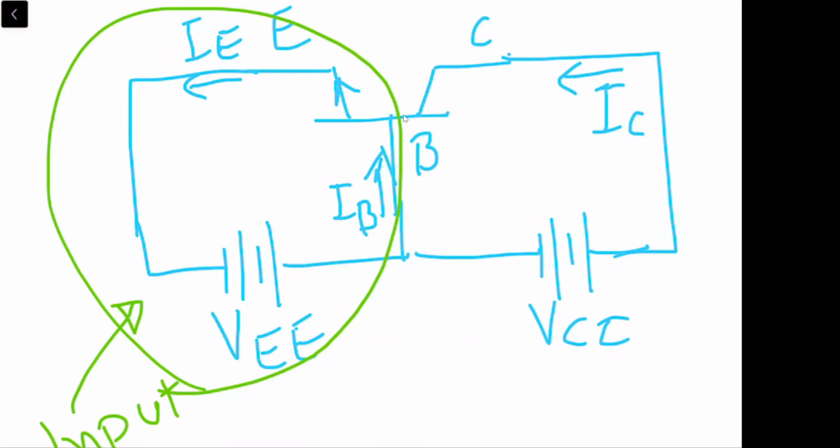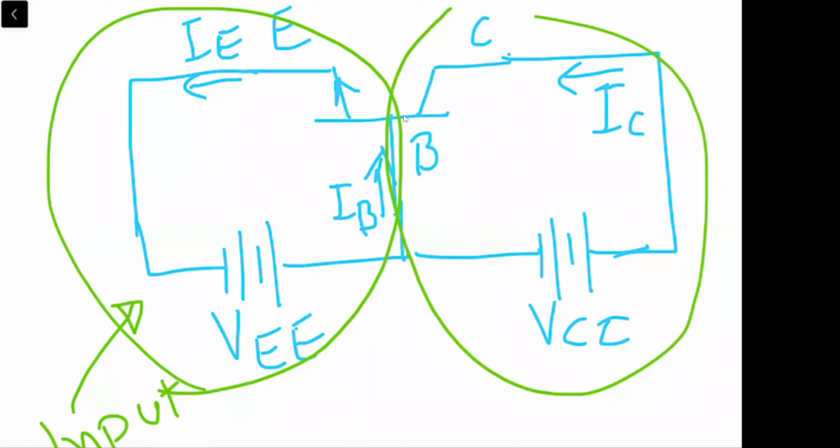And this side, which incorporates the collector-base junction, is taken as the output side of the circuit.